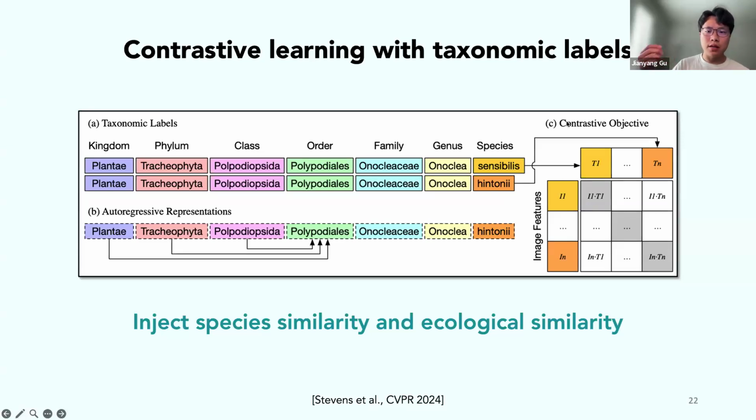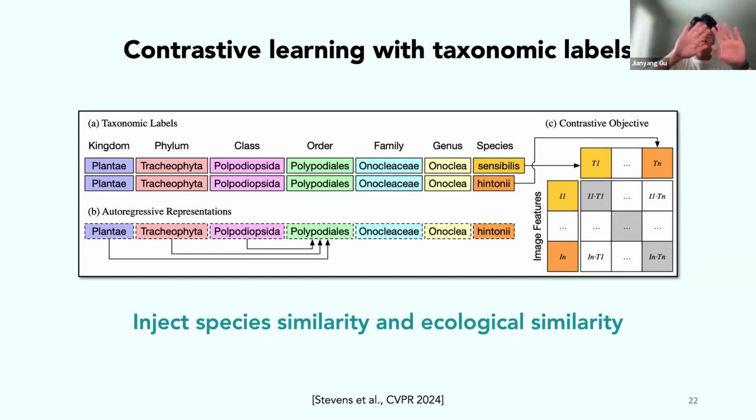Although they are two different labels, in some sense they share the labels from kingdom to genus, so they are also similar. While we are pushing away these two species, we are still keeping them closer compared with some other species.